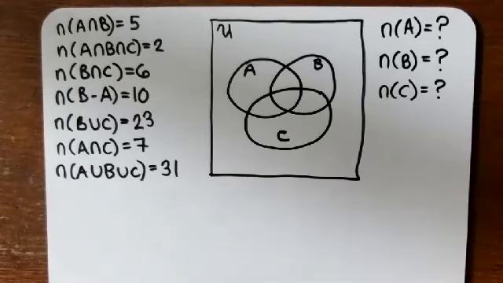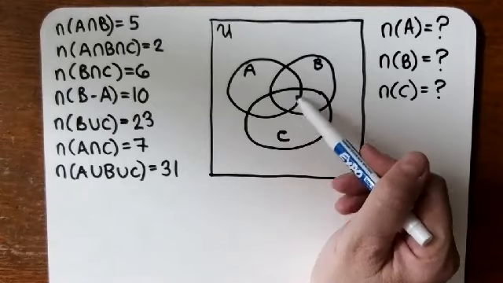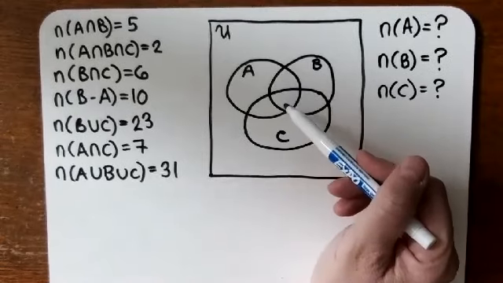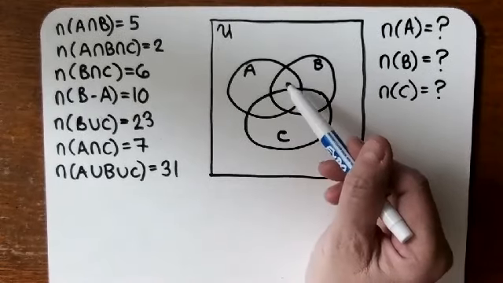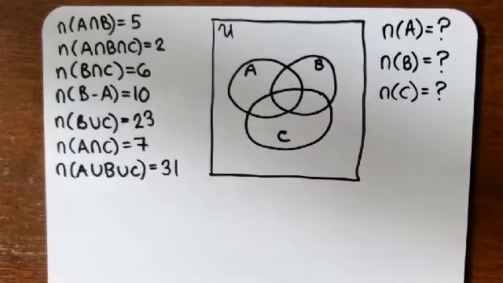In this set theory problem, we're given that the number of elements in A intersect B is 5. A intersect B is the overlap of A and B, which are 2 regions. So we can't fill 2 regions with the number 5.